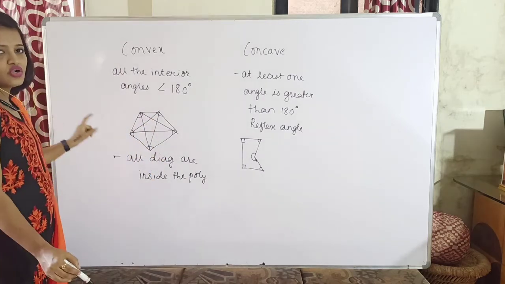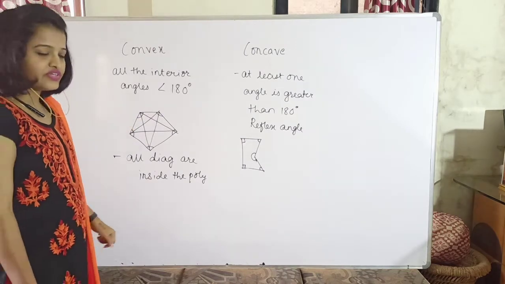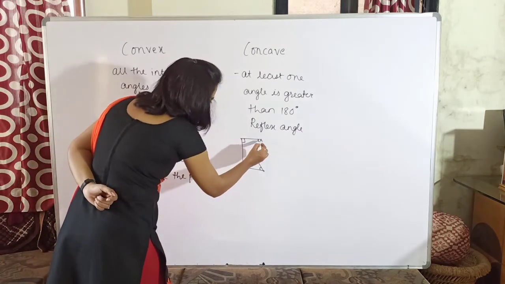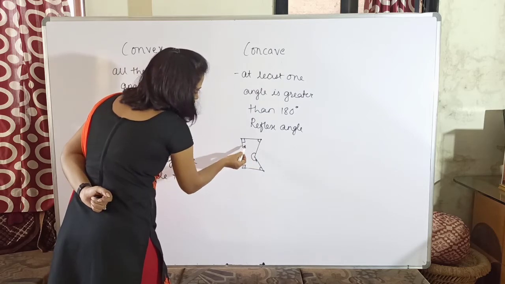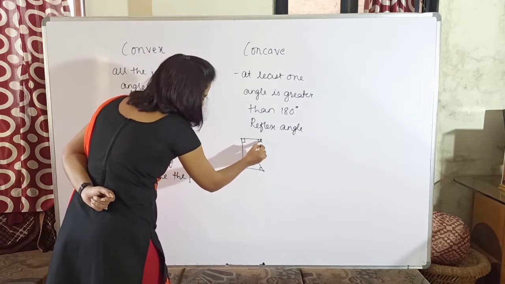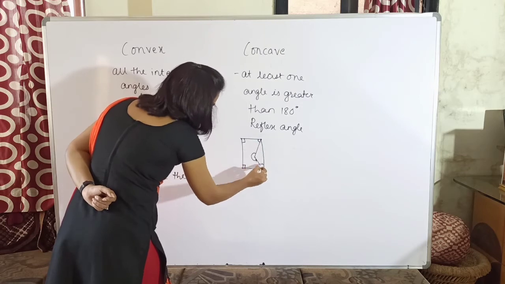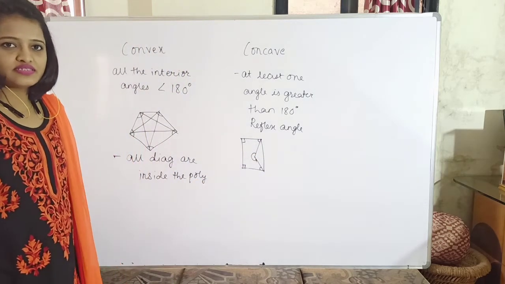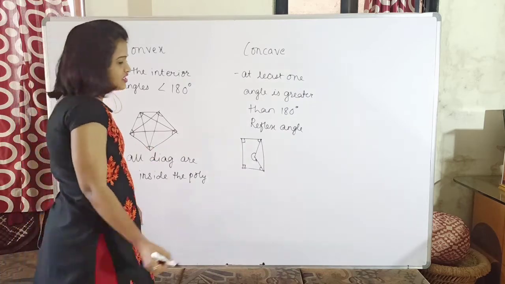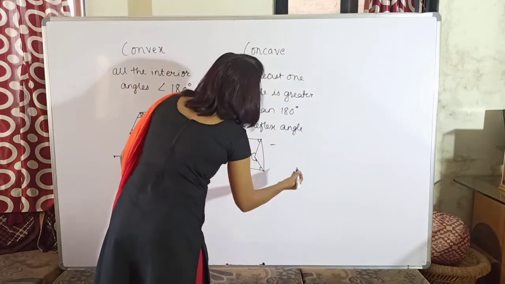As you can see, all the diagonals are lying inside the figure, whereas here, suppose I am considering this vertex. Which are the neighboring ones? These two are the neighboring ones. Leaving those, if I join this one, can you see this diagonal is lying outside the figure? That is the differentiating part in the case of a concave polygon.